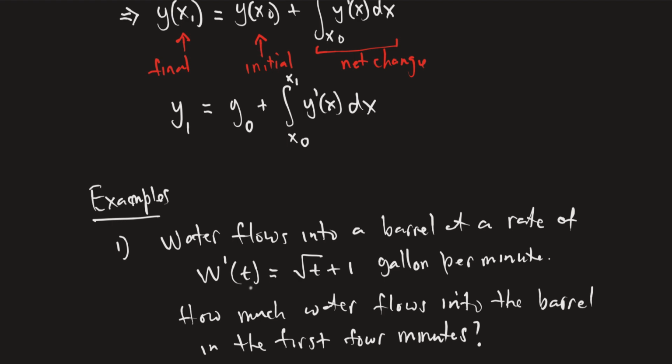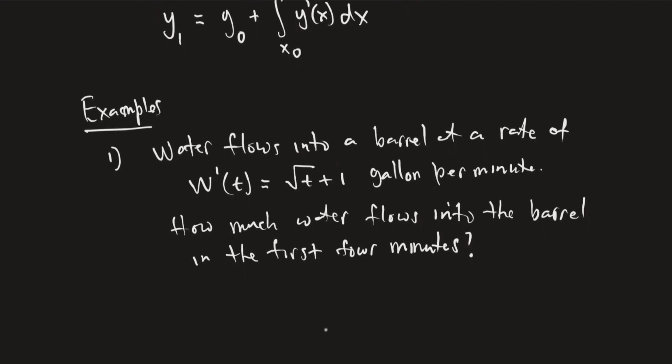You have water or some quantity that's changing over time, but what you're given is the rate of change of that quantity. In other words, you're given the derivative, and then you're asked by how much that quantity changes over a certain interval. All right, so let's see the solution for this.